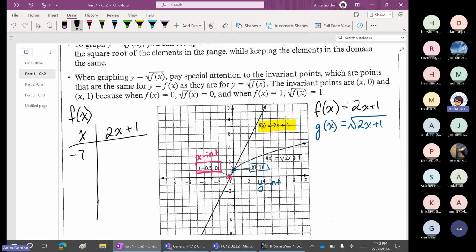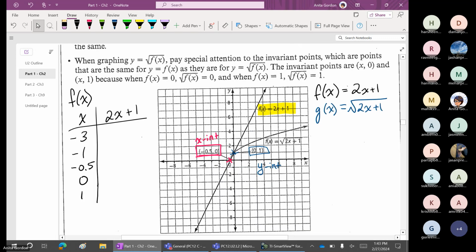No, I'm lying. I want to do negative 3, not 7. Negative 3, negative 1, negative 0.5, 0, 1. And let's do positive 3.